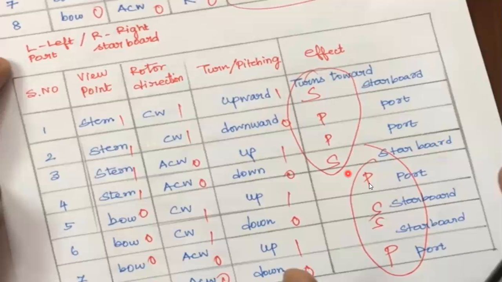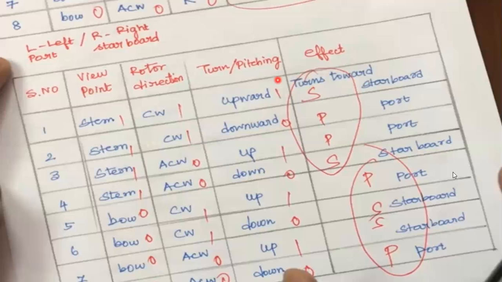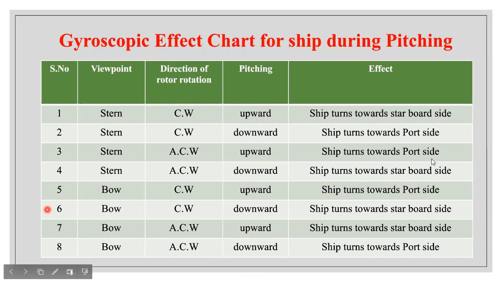S means starboard, P means port. You need to remember these two sequences alone, SPPS and PSSP. After generating, you will get a tabular column like this, and you need to have this tabular column. It will be very helpful for solving the problems.